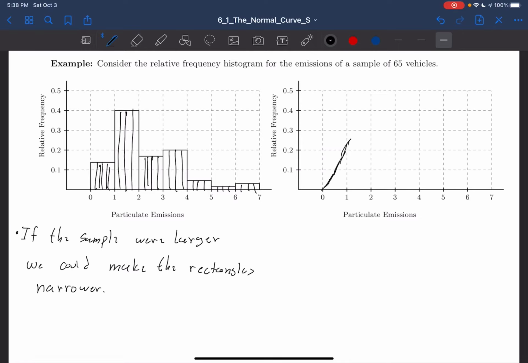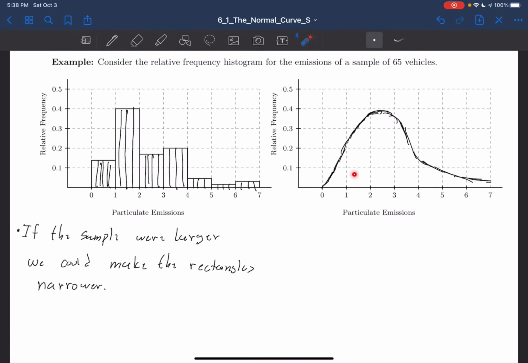So we're probably going to have an image like this, where the area underneath this curve is now the proportion of emissions from our population of vehicles.